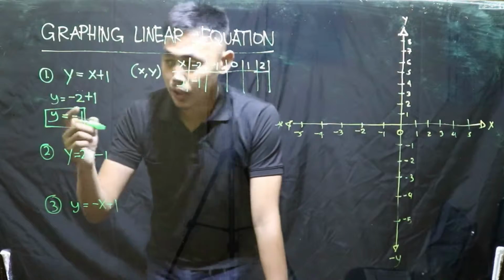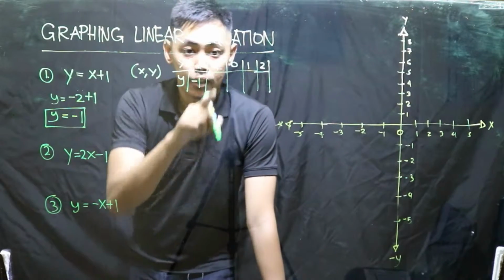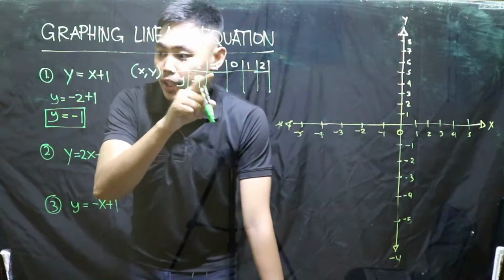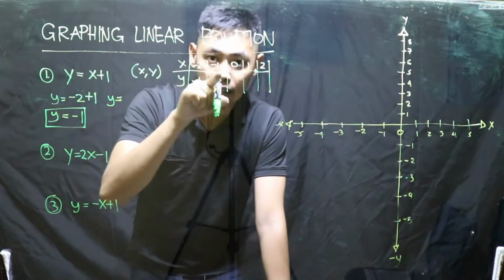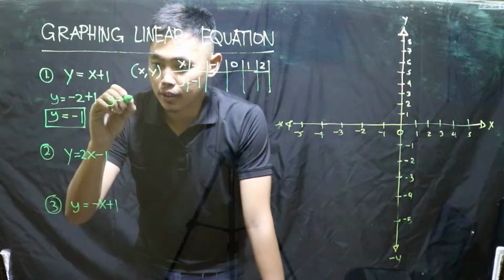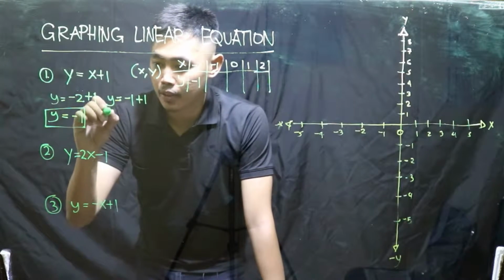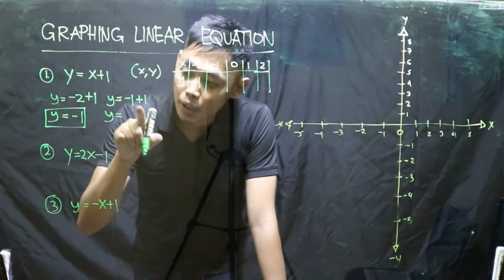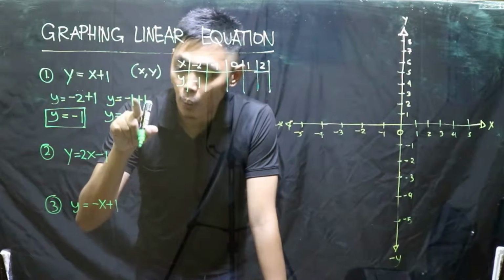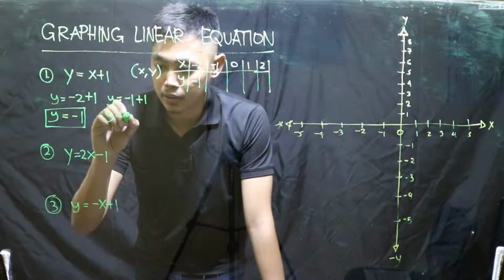And then we will just go on with the second given. So, we have negative 1 here. We'll just need to replace x with negative 1. So, negative 1 plus 1. Different signs. That means we will need to subtract. 1 minus 1 is 0.